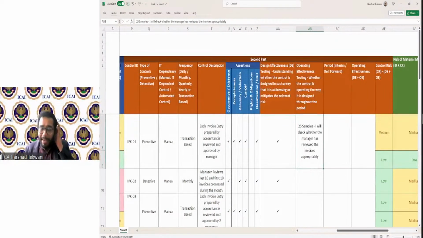I will check whether the manager has reviewed the invoices appropriately. For that, I'll pick up 25 samples. I will inspect the documents of those 25 samples. I will ask for the email correspondence: give me the email correspondence, how you have checked. I will perform inquiry with the manager: how you reviewed the samples, how you reviewed the invoices before they were processed.